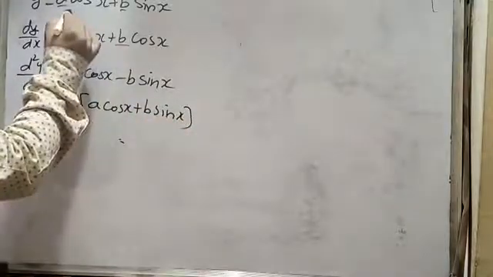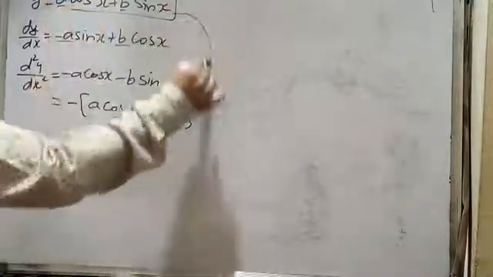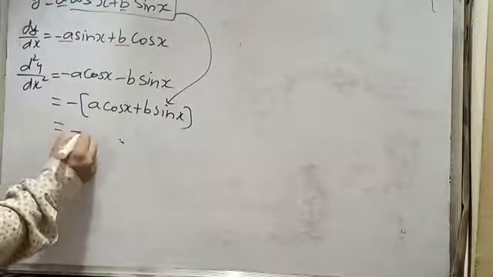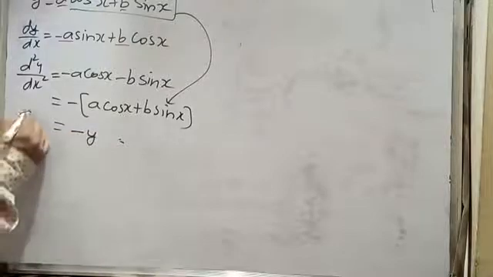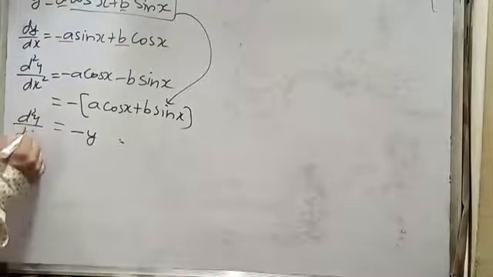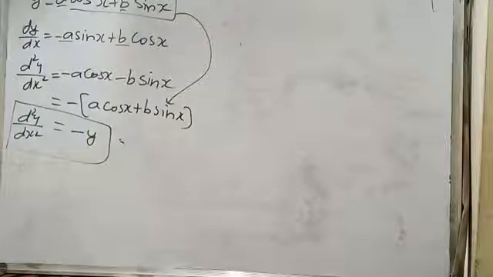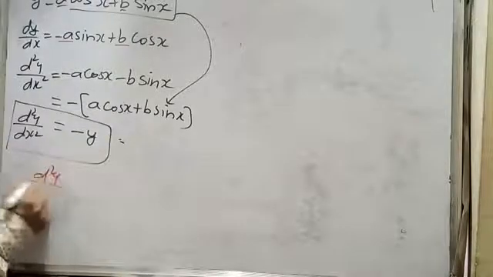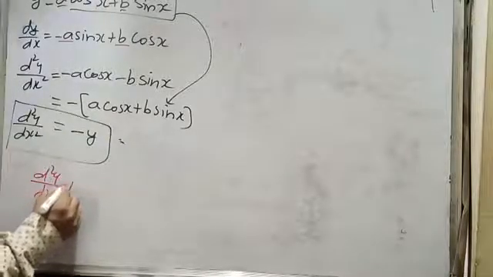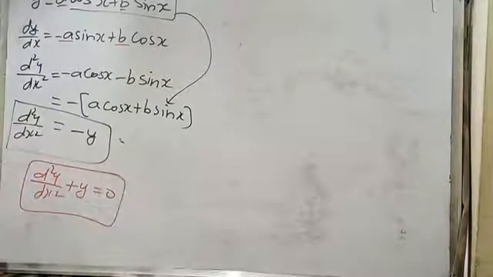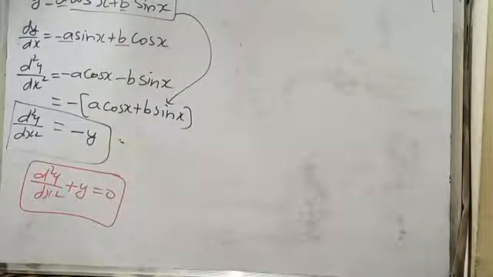If you see this, shall I substitute y over here? This will become minus y. So d square y by dx square plus y is equal to 0. Now this is nothing but my differential equation.